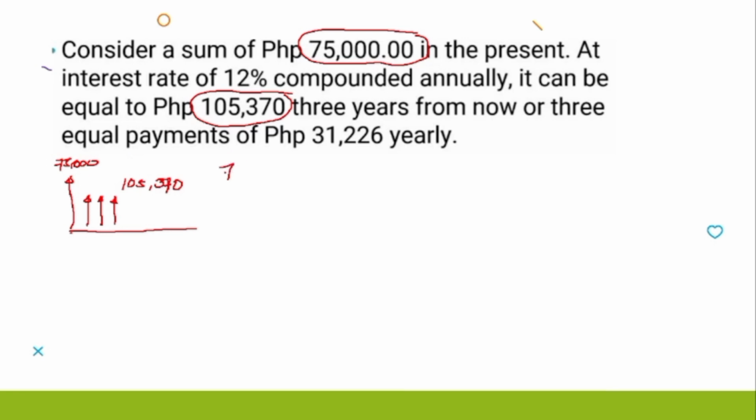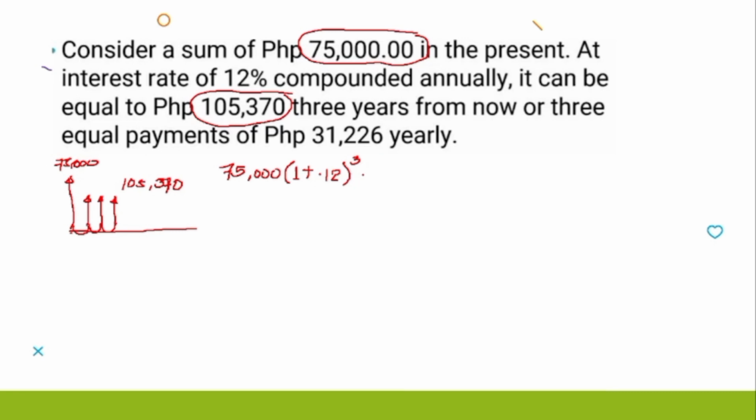So, that's 75,000 times 1 plus our interest is 12%. So, that would be 0.12 raised to, we will jump 3 times, 1, 2, and 3. So 1.12 raised to 3.